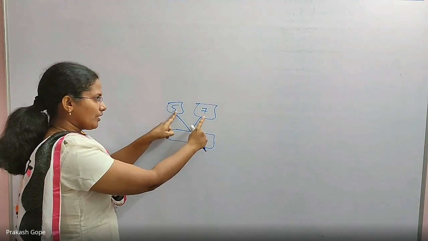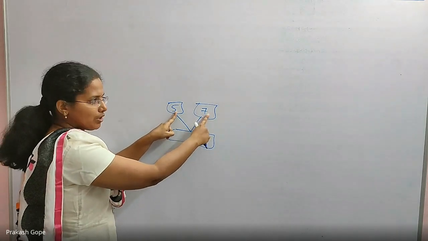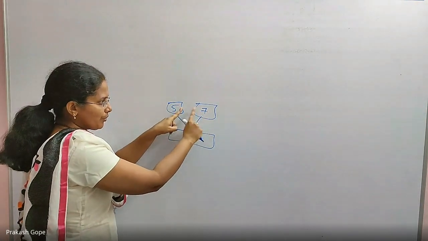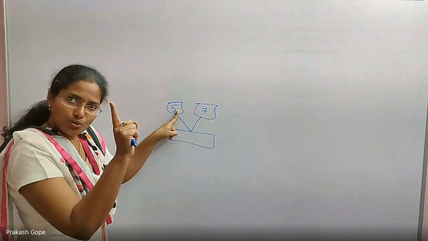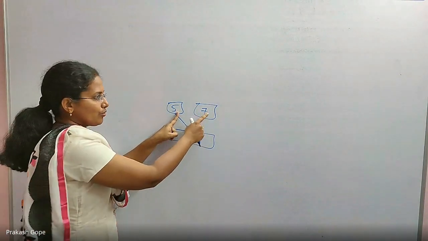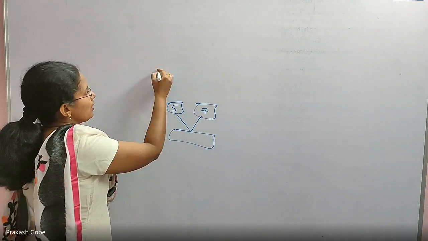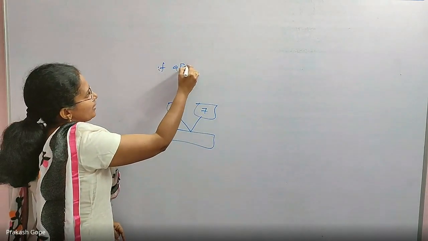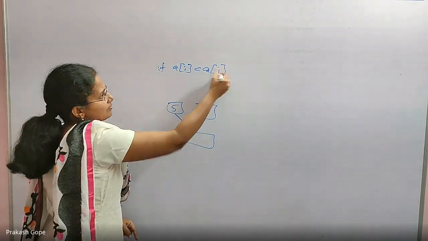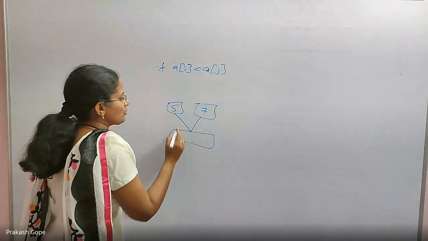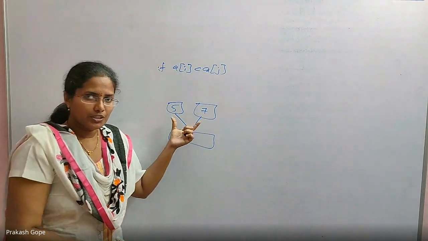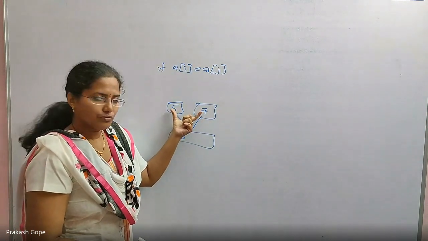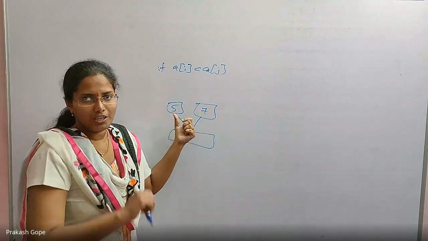To decide whether 5 is smaller or 7 is smaller, I need to perform a comparison between these two. Only one comparison is enough. It is like if a of i is less than a of j. Just one comparison. Whichever is smaller, that is copied first. So, in case of an integer, deciding which element is smaller needs only one comparison.